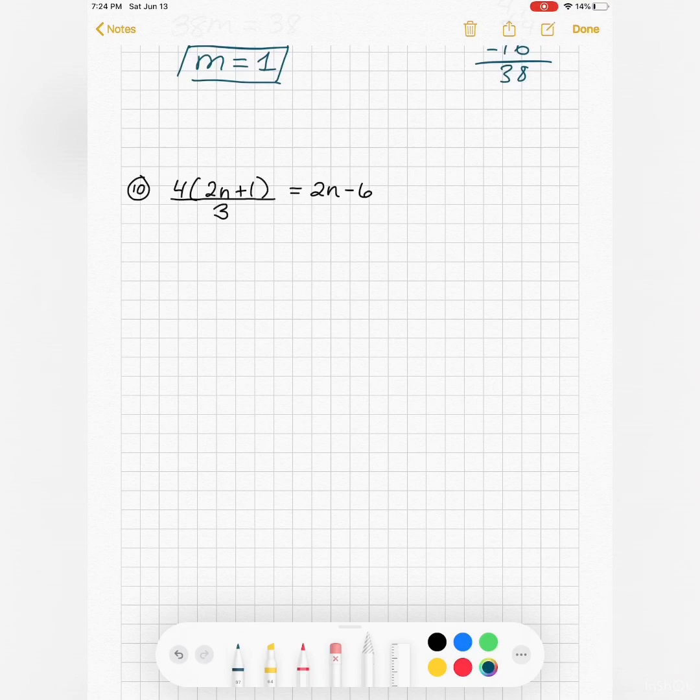Okay, looks easier. Let's see. Multiply both sides by 3.